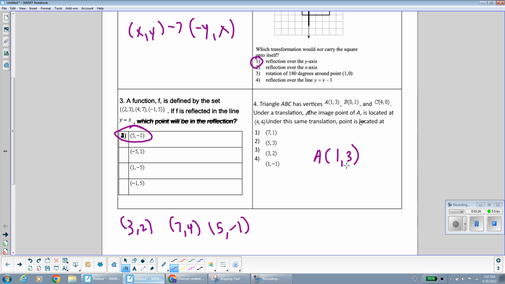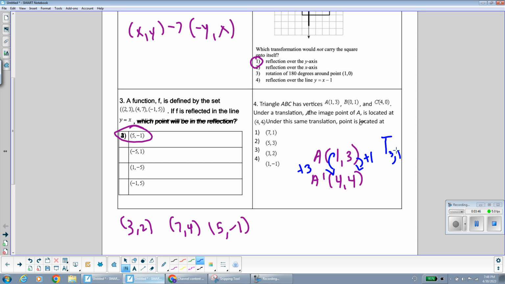So we're told that point A, which was (1, 3), became (4, 4) under this translation. So I see that the x coordinates increased by 3 and the y coordinates increased by 1. So this was a translation of 3 to the right and 1 up.